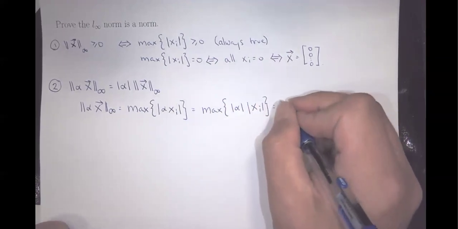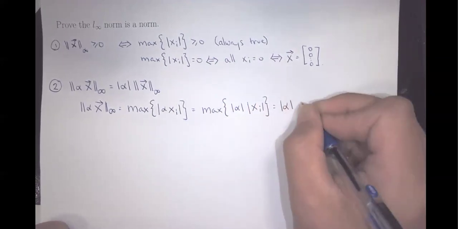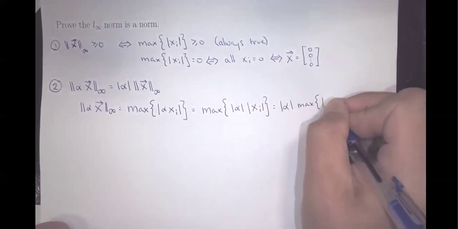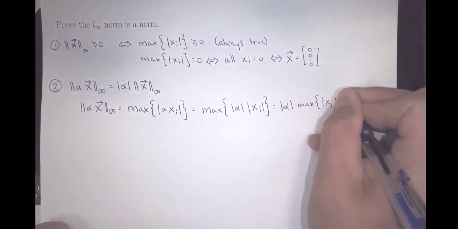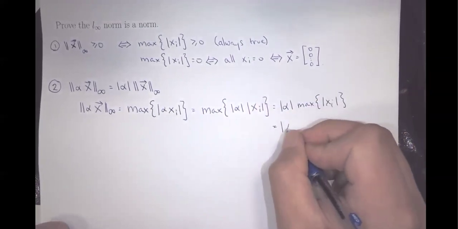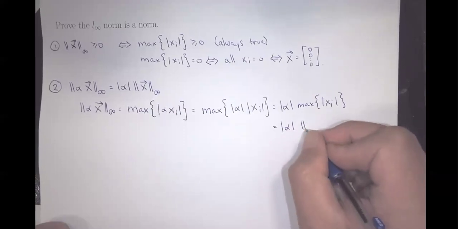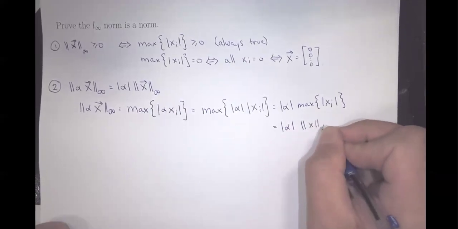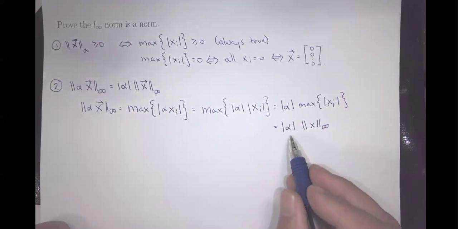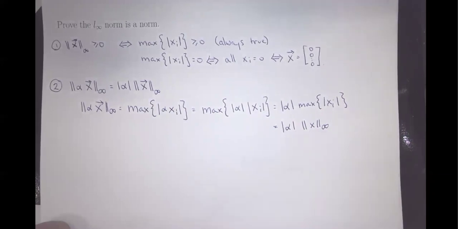So this is really the absolute value of alpha times the max of the xi's by absolute value. But this is the infinity norm for x. So the infinity norm for alpha times vector x is the absolute value of alpha times the infinity norm for x.